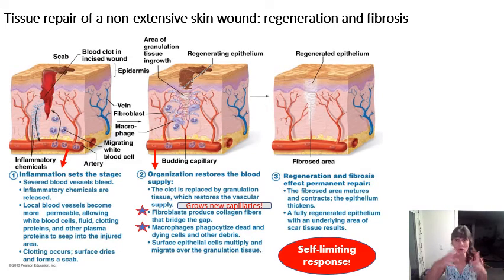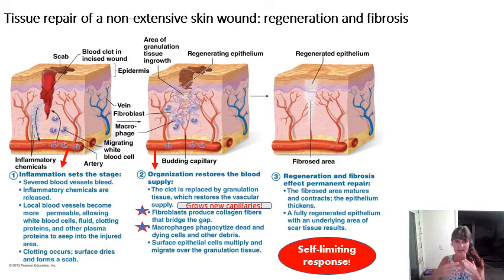And those local blood vessels will become more permeable, allowing fluid to go through, white blood cells to go into the area, as well as clotting proteins are going to start forming a cascade of chemical reactions that will form protein fibers and other plasma proteins that are going to seep into this injured area.